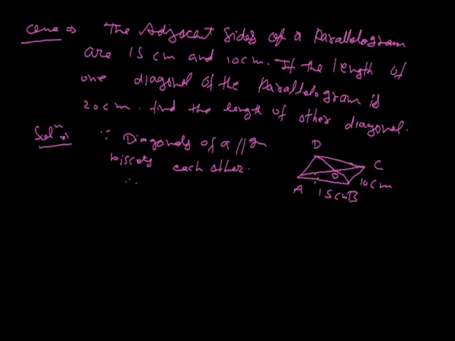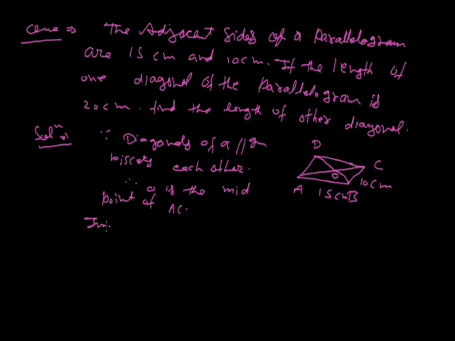Therefore O is the midpoint of both AC and BD, but we just need the relationship that O is the midpoint of AC. So right now I'm using this property.